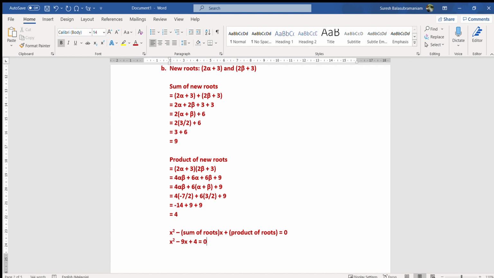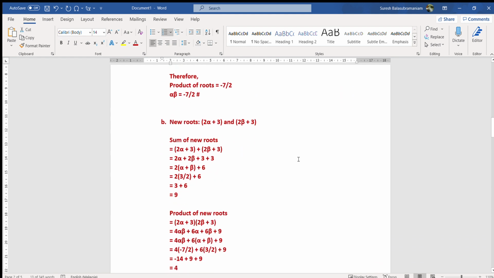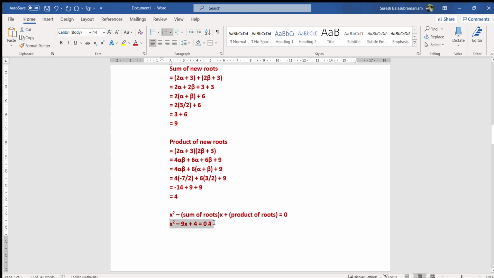Yeah, so x squared minus 9x plus 4 equals 0. This is my new quadratic equation as asked in question B. Find the quadratic equation with the roots, and so on. So this is the new quadratic equation.